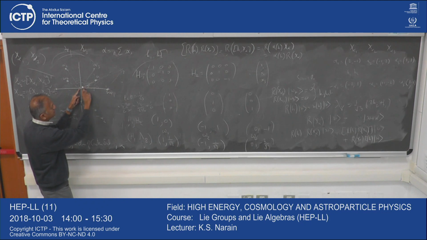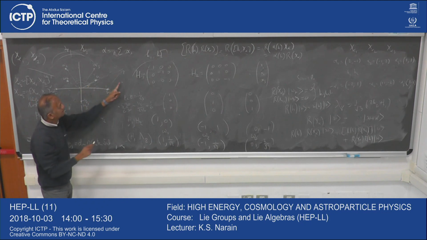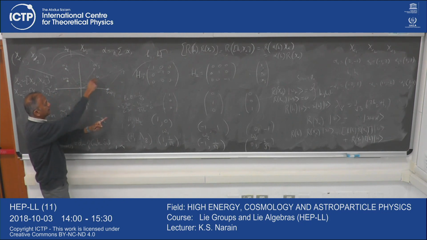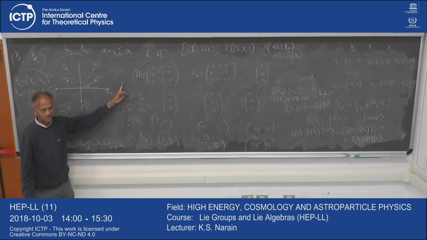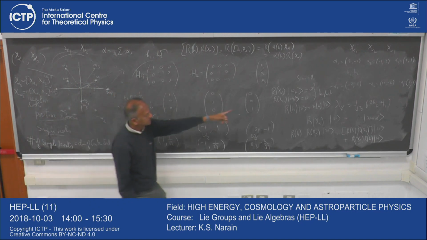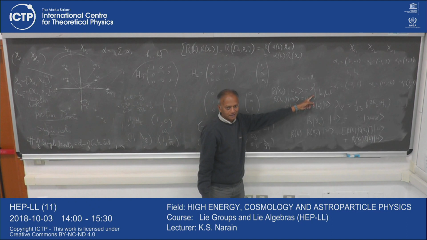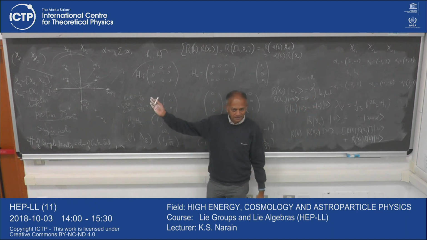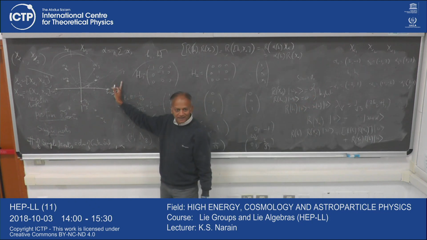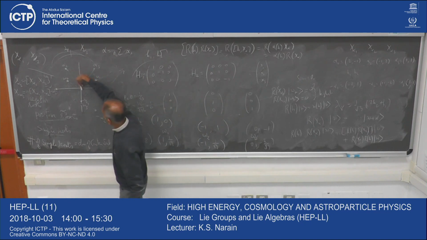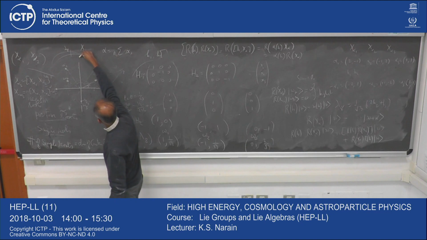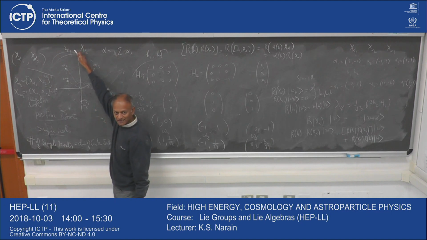This vector plus that vector will be this. But this was not there in our list; we already constructed all the eigenstates. This was a list of all the eigenvalues. This didn't exist. So necessarily it must be 0 here. If it was not 0, it should have gone there, but that state doesn't exist. And the same thing with this: if you apply that, you should end up somewhere here, but there is no such state here.